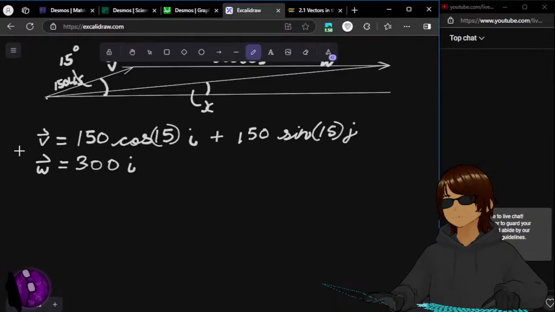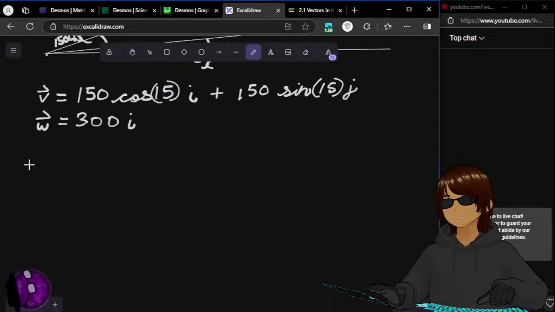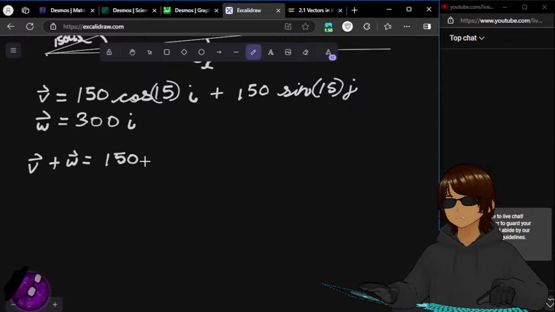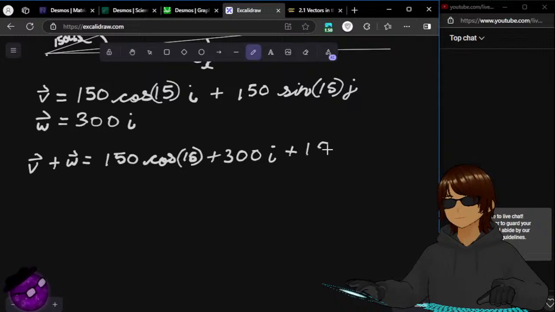Oh, wait a minute. V plus W gives us 150 cos 15 plus 300 in the i direction, and 150 sine 15 in the j direction.